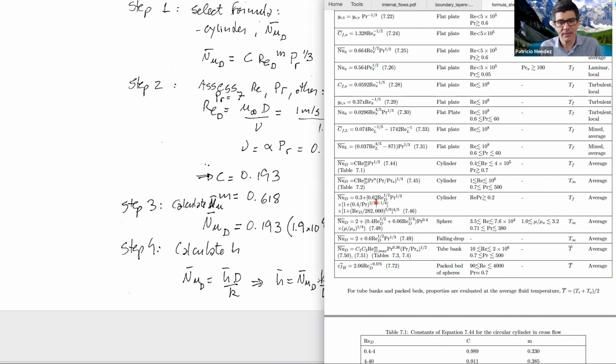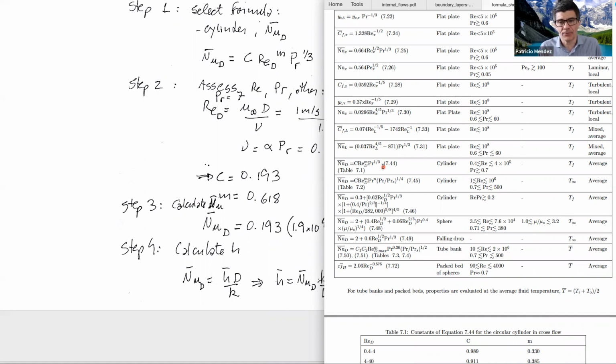The reason is this formula here doesn't have any new physics. This formula down here and the other above are exactly for the same purpose, for calculating average heat transfer coefficient in a cylinder in cross flow without accounting for temperature dependent properties.